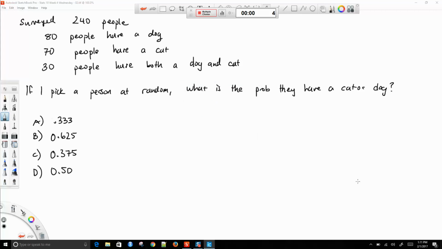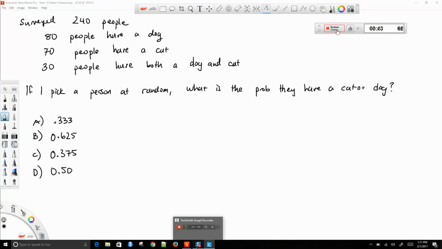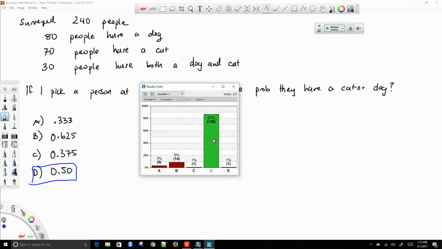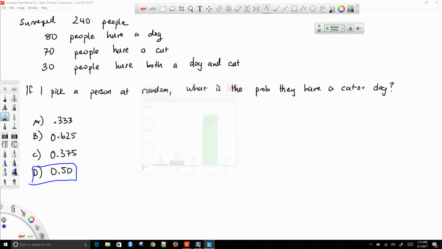I hope this works. And let's see. Okay, so our answer should be this. Okay, let's see. We'll take a look. Indeed, most of you guys got that correct. Some of you selected the wrong answer choice.